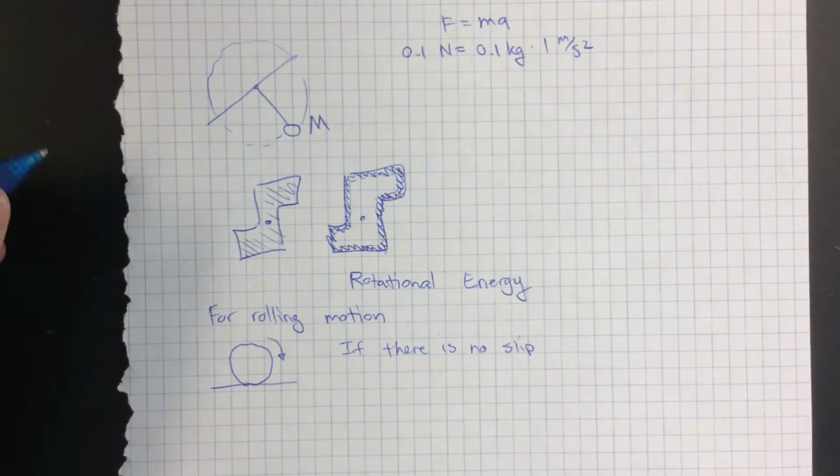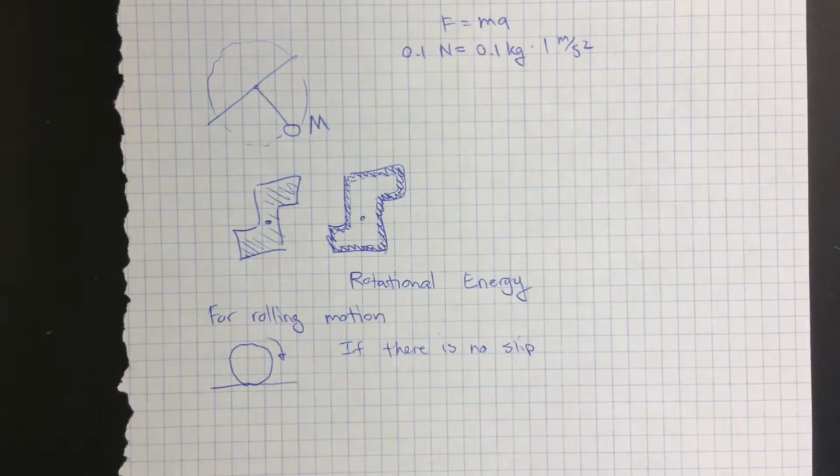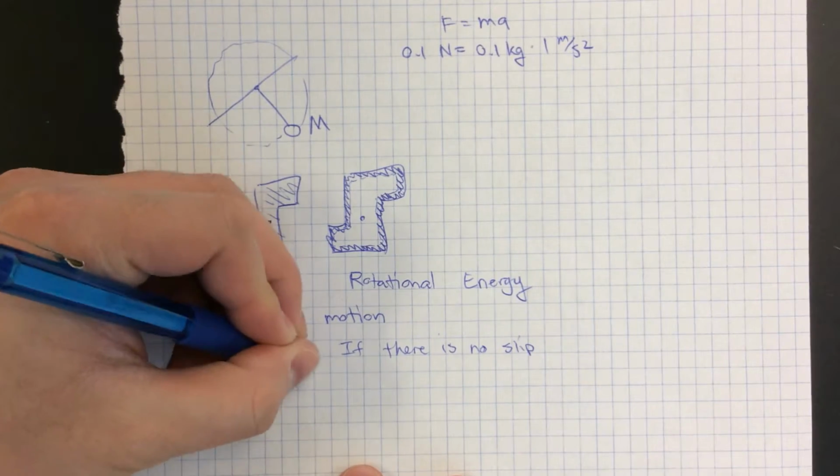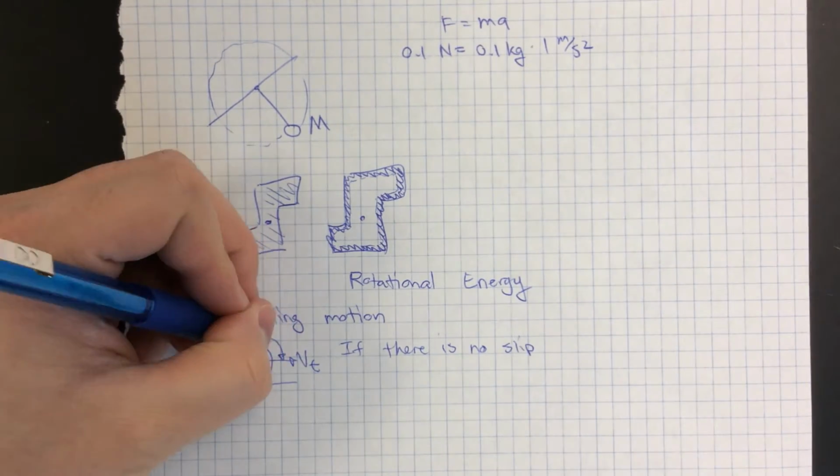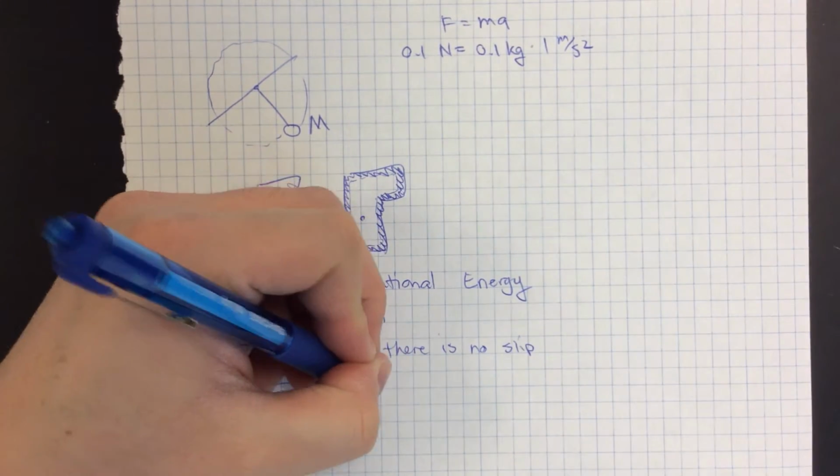If I take this and it's rolling and not sliding, you know what I mean? Sliding would be like this. It can roll and slide, but if it is just rolling, there's a very specific connection between its translational velocity and its angular velocity, which is this.